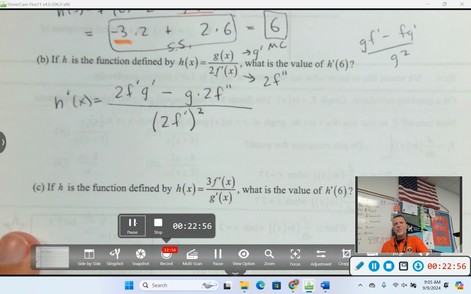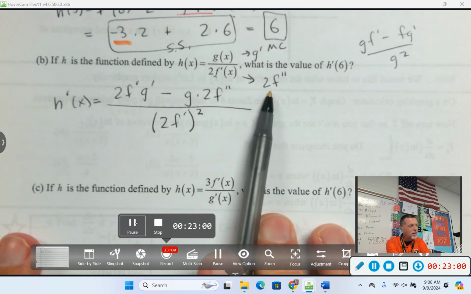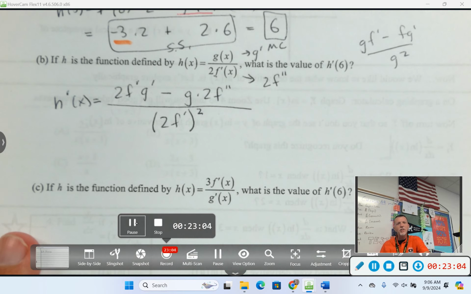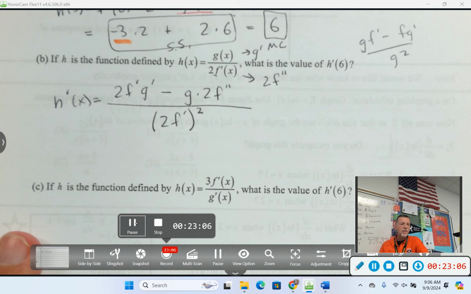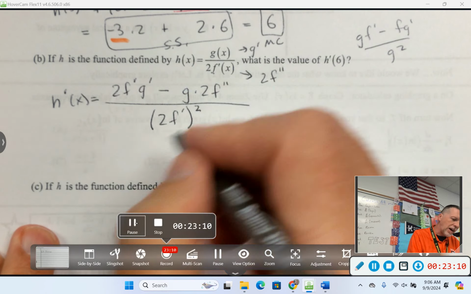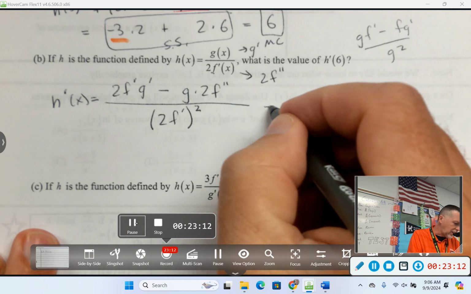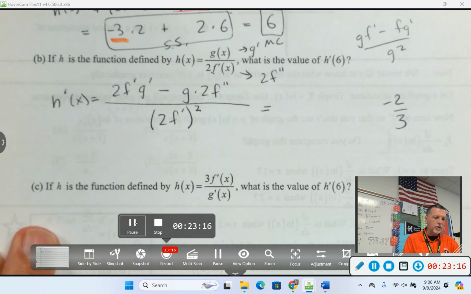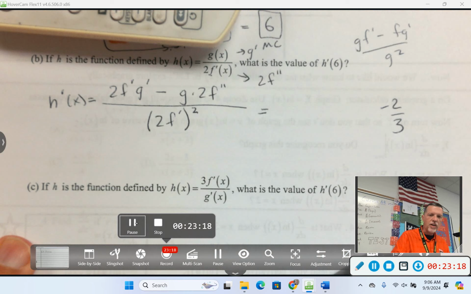So that one was extra weird because there was already a derivative in there, so that's why a second derivative showed up, and they switched up what f and g usually are just to try to mess with us. Now we would plug in 6, and we're almost out of time, but that was the main thing of that one. Plug in 6, and eventually you'd get negative 2/3 if you wanted to find out for yourself.